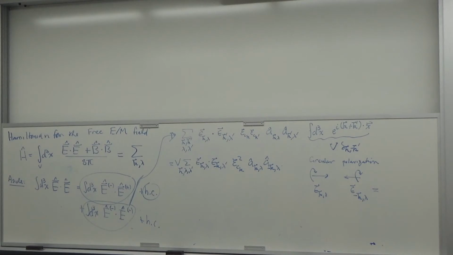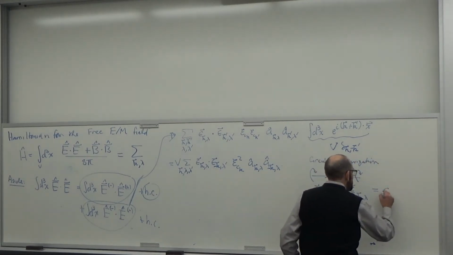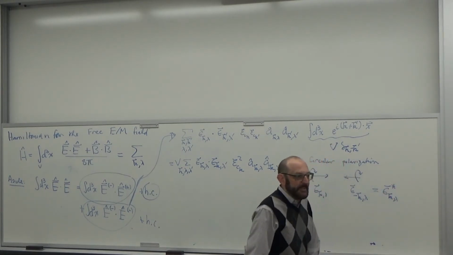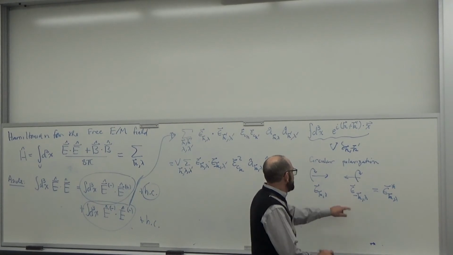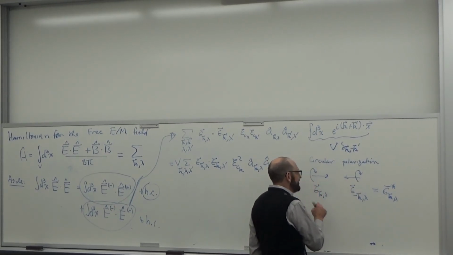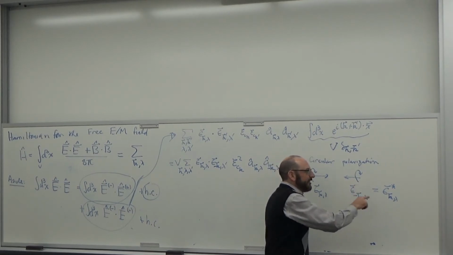It's going the other way, right? Which is of course just a complex conjugate of that. So this vector is the one going in this direction, E of minus lambda, and that is the conjugate.